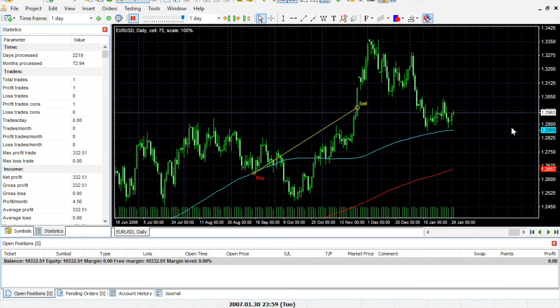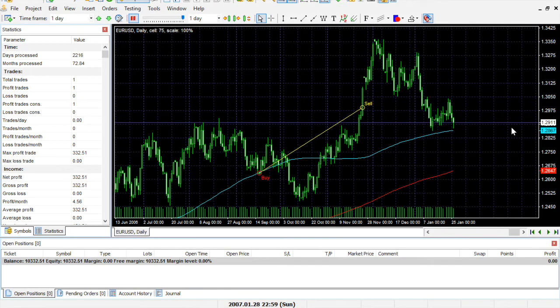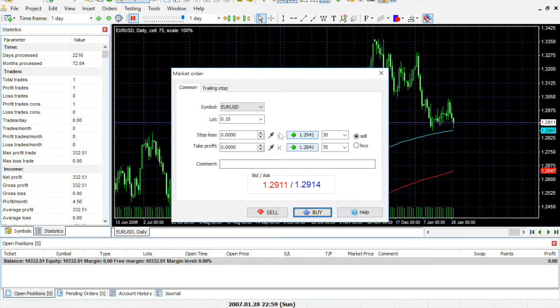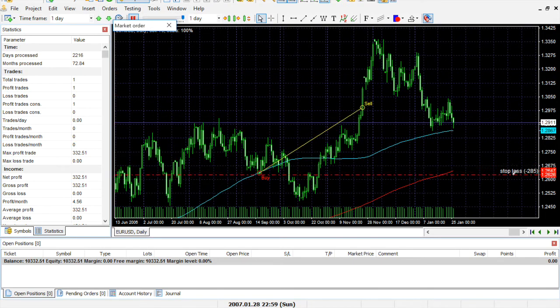I would probably consider this and even this to be a good entry point. As you can see, I did mention before, if it very closely nearly touches the 150, we can get in there. So either of these points would be good for an entry. I'm going to do the same again.